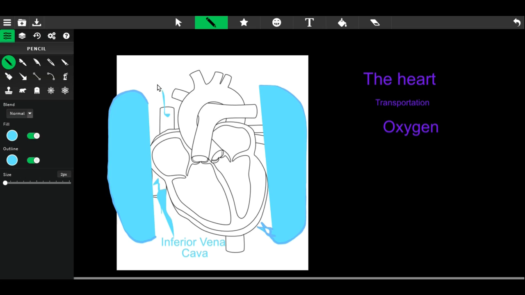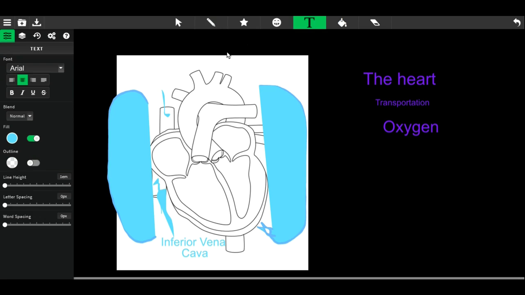So blood comes from the inferior vena cava, which is from your legs and belly area, and from your superior vena cava, which is up here. Let me write that down. Superior vena cava.